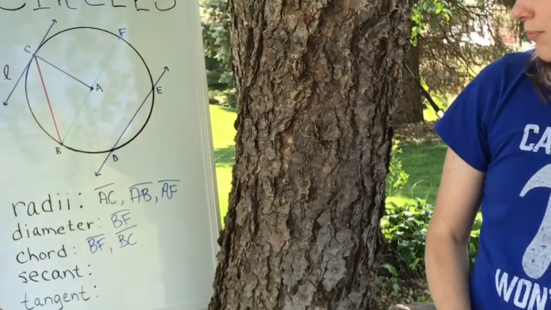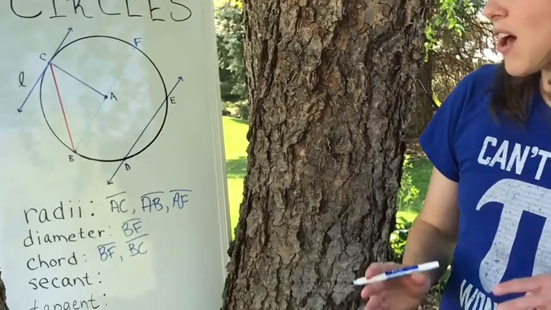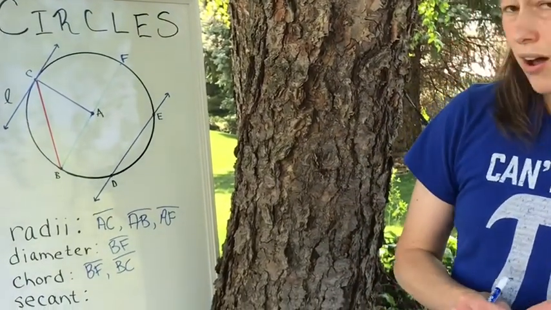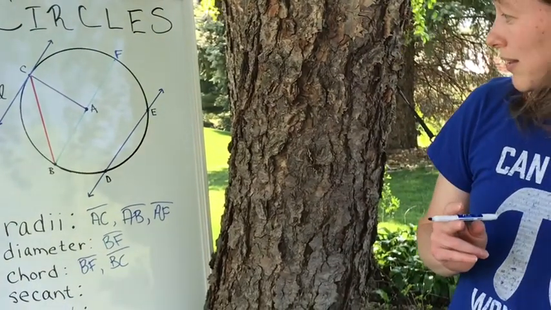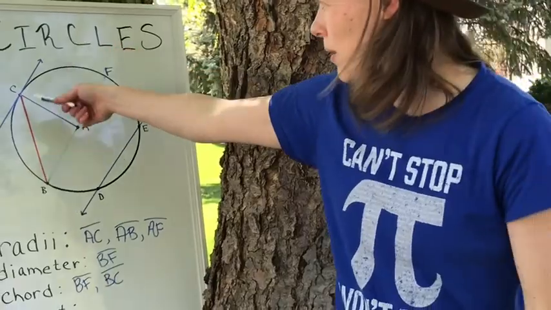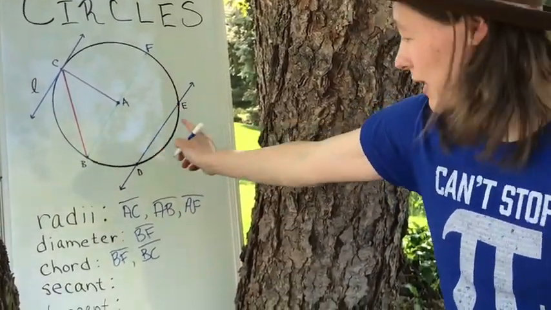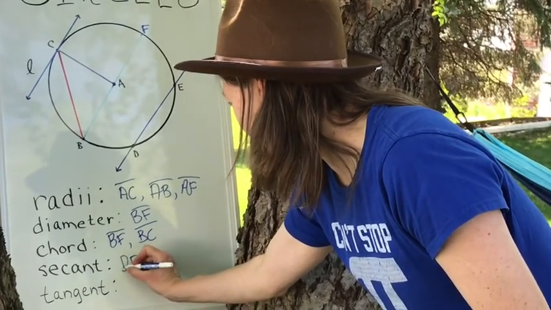All right, almost done here. Now we've got a secant, and a secant is a line that passes through two points on a circle. I see only two lines: one that passes through one point and one that passes through two points. So this one right here is a secant, and this is line DE.